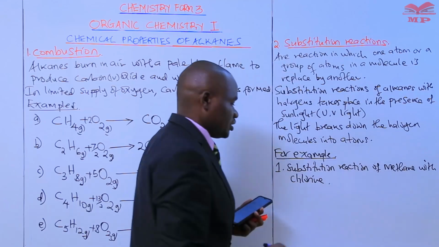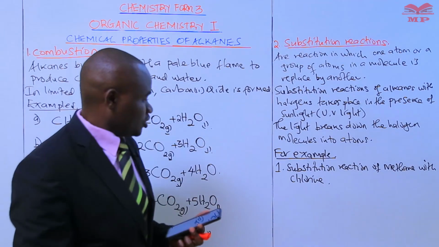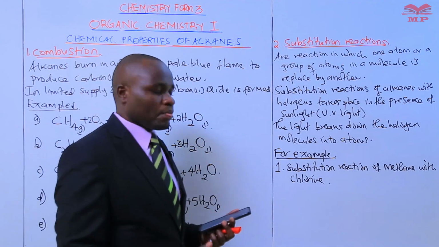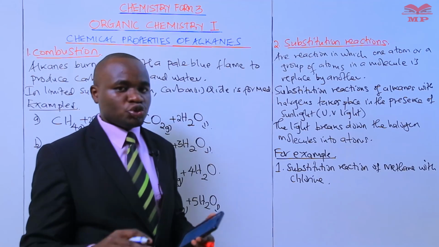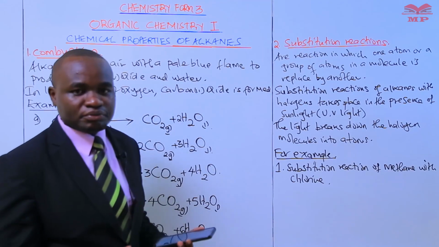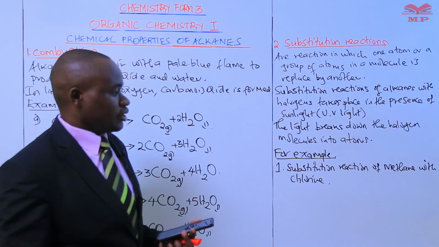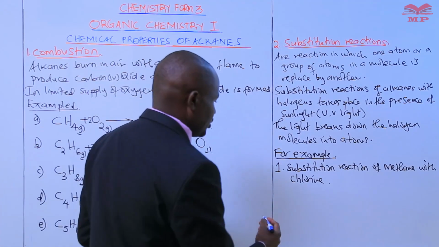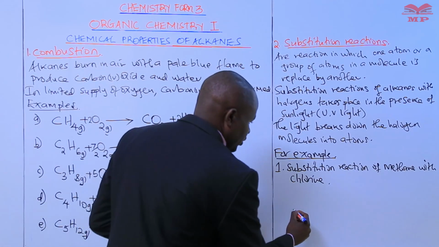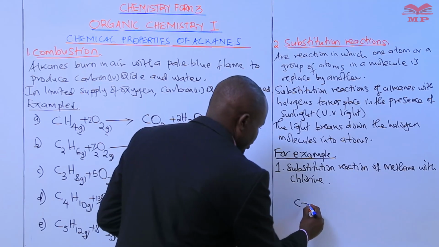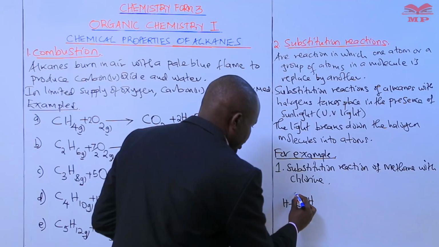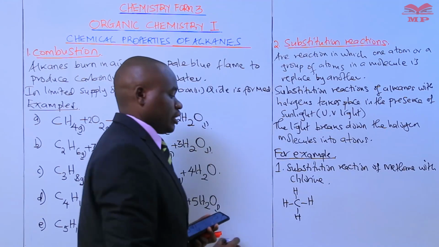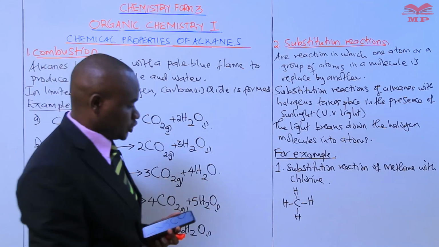I have already said the reaction occurs in 4 steps, so we shall go step by step. And remember, anytime you are looking at the reaction, it's advisable you draw the open structure so that you can see which atoms are being replaced. So we know from the structure of methane, we have 1 carbon atom surrounded by 4 hydrogen atoms. So this is methane.